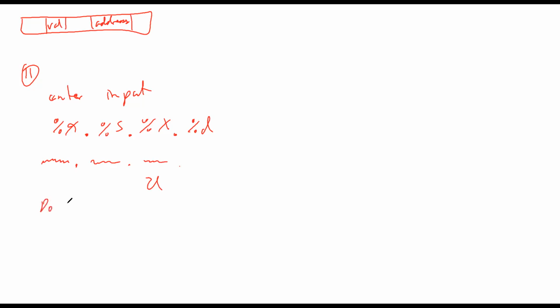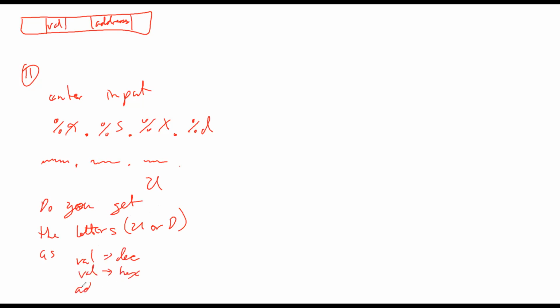Do you get the letters U or D? These are the options: a value, decimal, a value, hex. Do you get the address pointing to them? That's what I want you to play with and really understand.